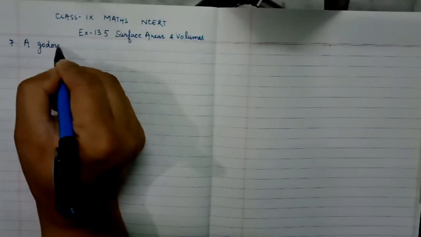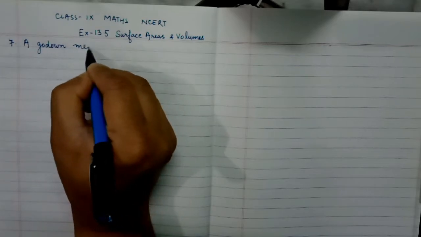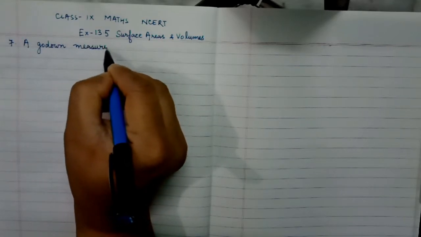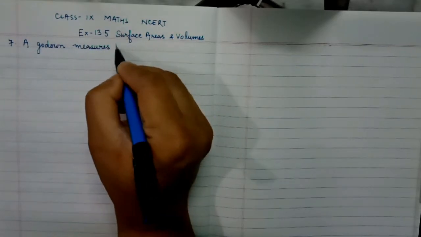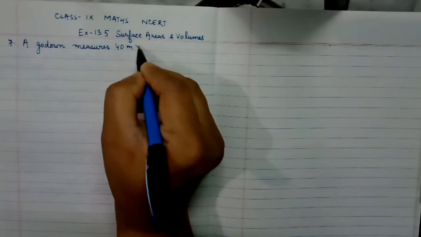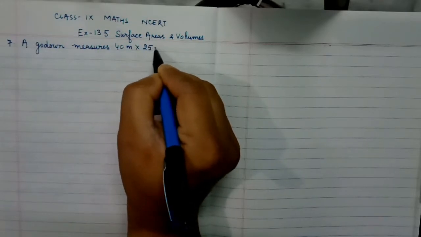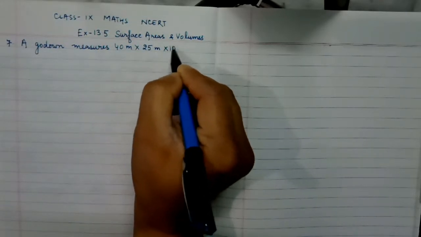A godown measures 40 meter into 25 meter into 10 meter.